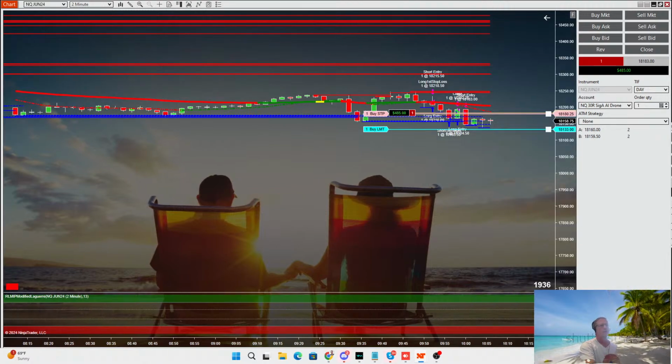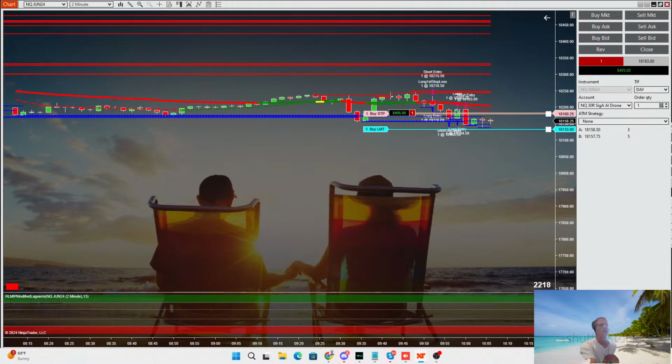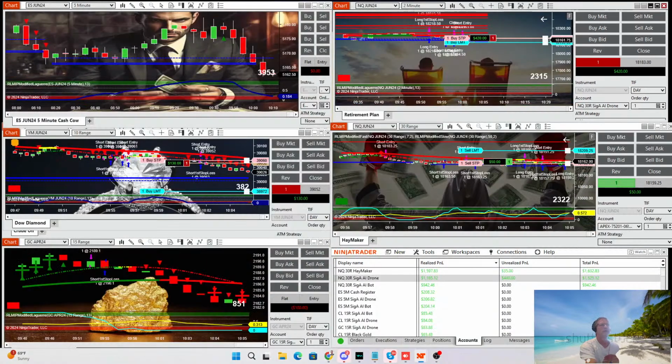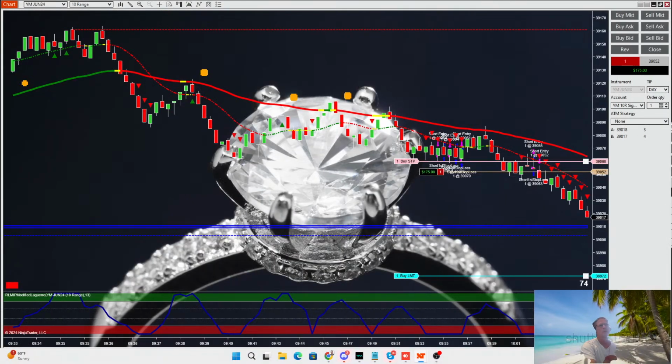Order submitted. Kind of fighting to get through that area there. I think once it does break it, it's got some really room to run here. Order submitted. The strategy's been doing well. This YM.